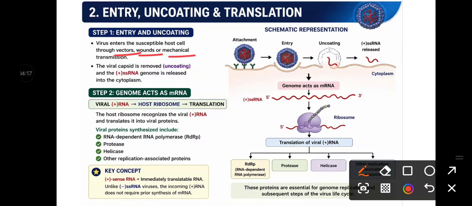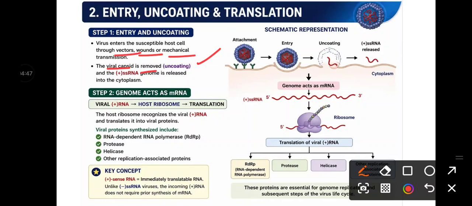After entering the host, the viral capsid is removed. That process is called uncoating. The capsid protein will be removed, and ultimately the genome will be released into the cytoplasm of the susceptible host cell.